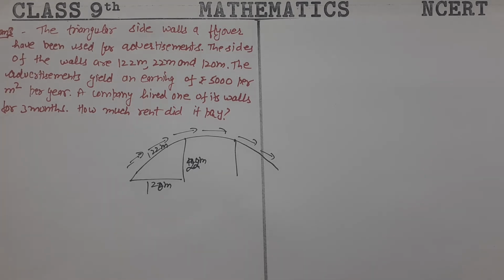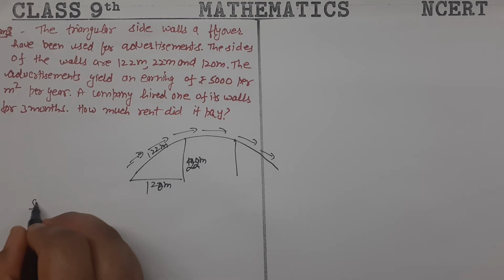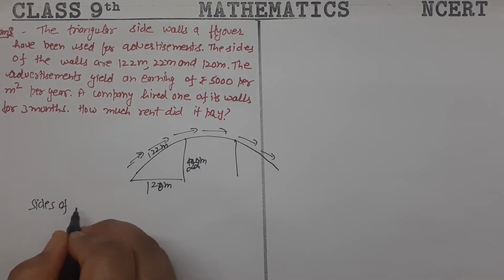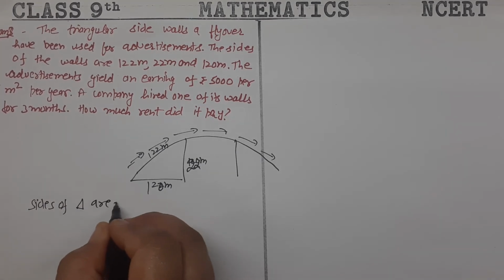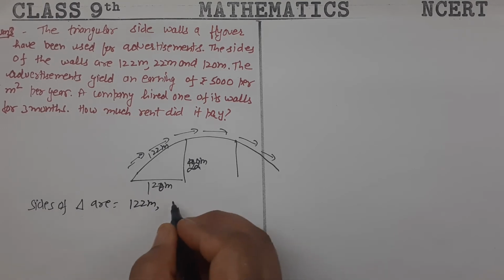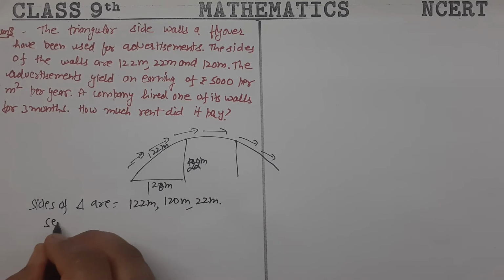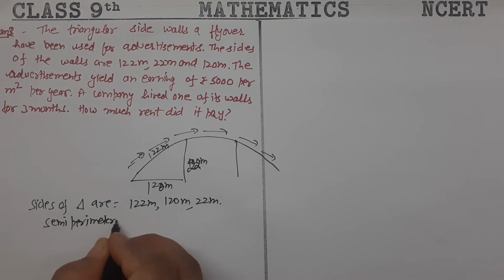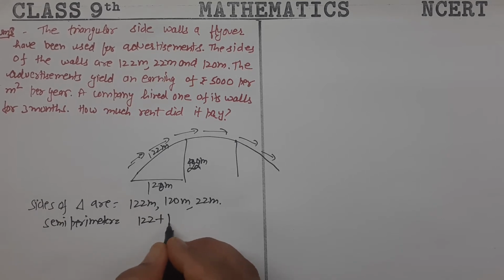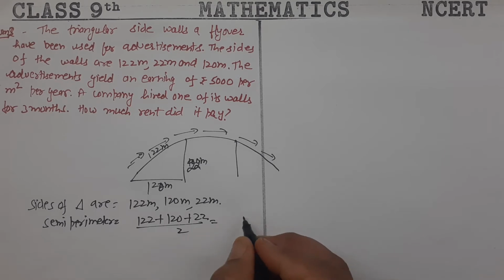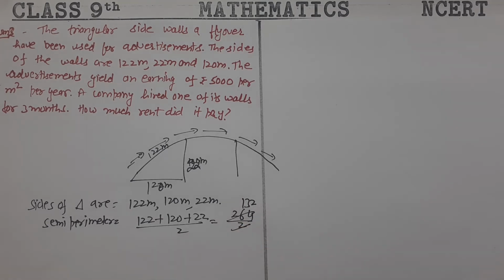First, we will find its area. Sides of triangle are given. Semi-perimeter makes 132.